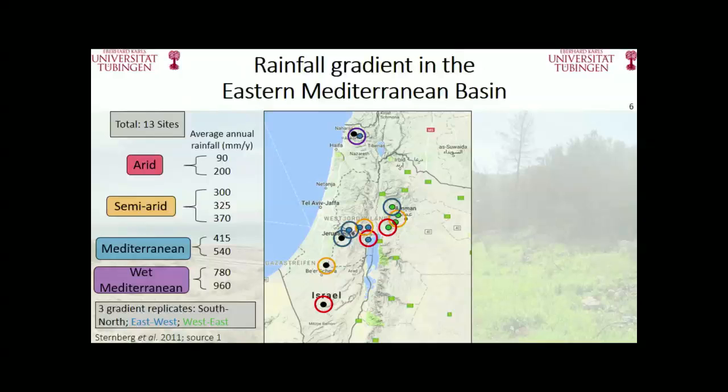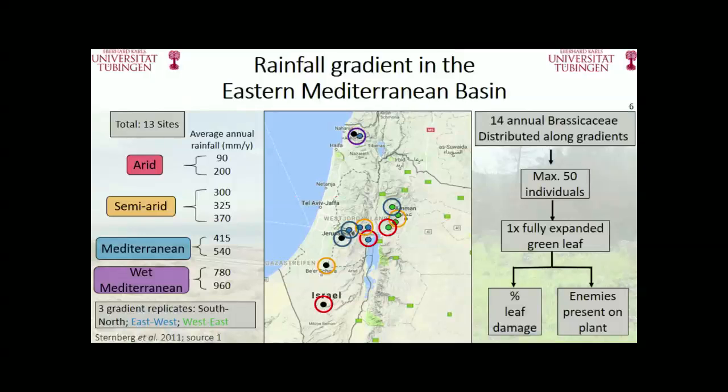I used a south-north gradient shown in black, an east-west gradient shown in blue, and a west-east gradient shown in green. I used 14 different species of the annual Brassicaceae family, and these species were distributed along the gradient. I used these species because glucosinolates are known well to be one of the main chemical defenses.